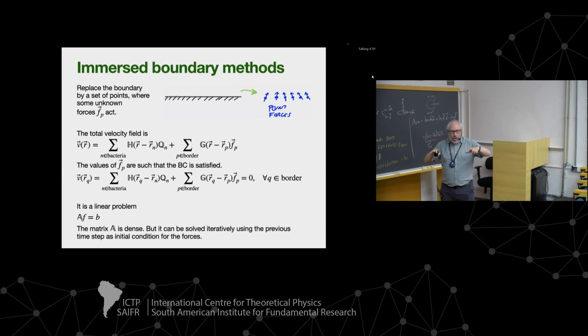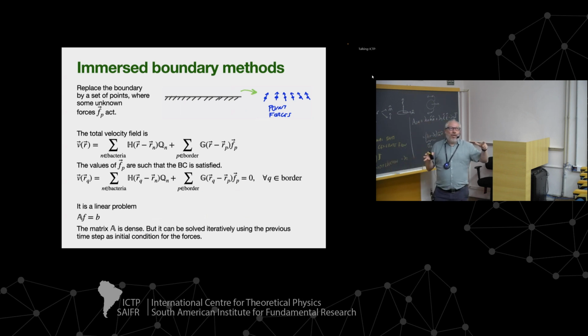You compute the forces, and with that you compute the velocity field using, for example, cells. With that, you move your bacteria. Now you have to compute again, because the bacteria change positions, the Q tensors also change, so you have to get the new F at each time step.